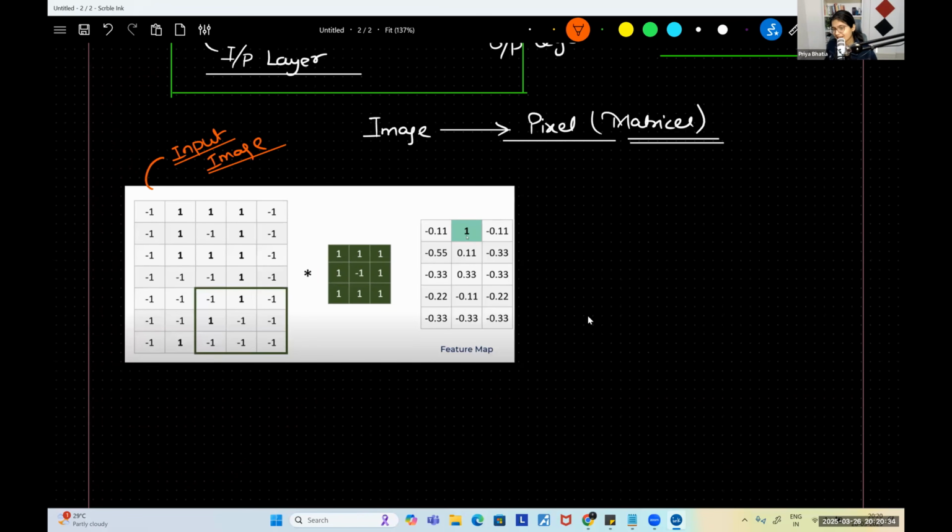Now, how will I get to know that it is 9? Because if you see this image very carefully, wherever you can see -1, -1, -1, it means there is no important information over there. And wherever there is a 1, try to combine all of this.